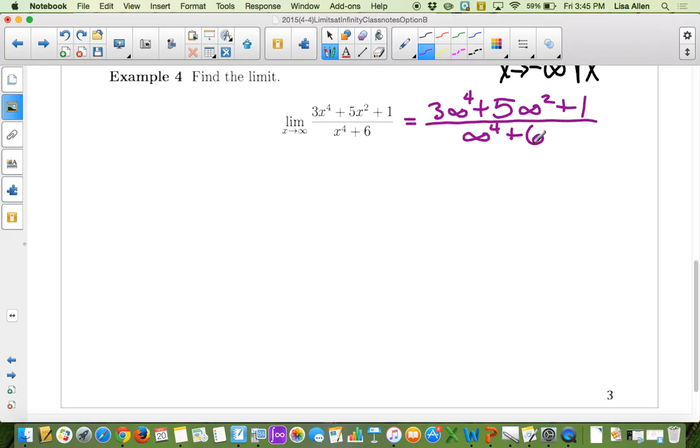Now this is all addition here, so picture this, you're adding a really huge number to another really huge number plus 1, and you get another really huge number. In the bottom we have infinity to the 4th plus 6, and that's going to be a really huge number, uncountable. As it turns out, infinity divided by infinity is an indeterminate form.